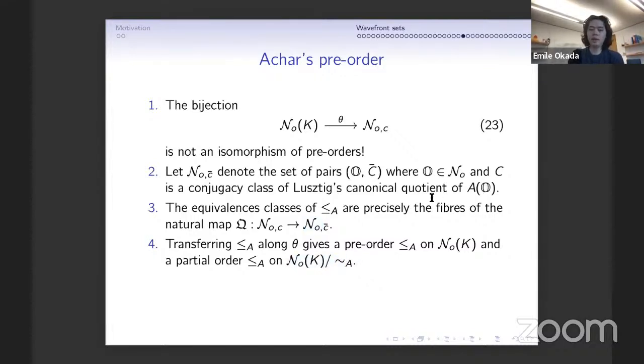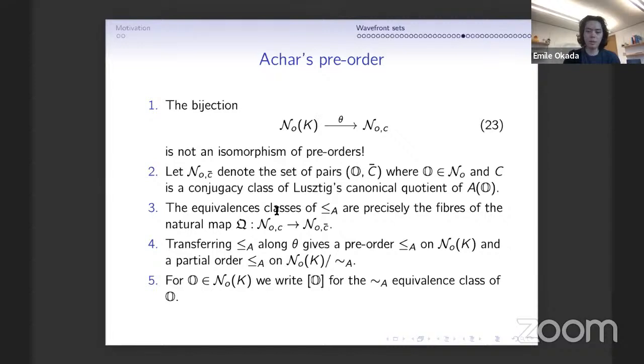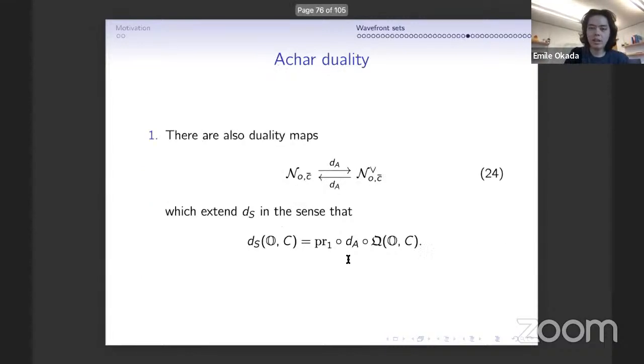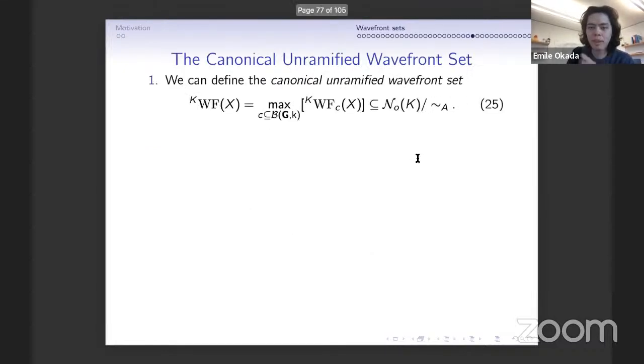And if we use this partial order instead of the natural partial order on the unramified orbits, everything becomes a lot more manageable. So we're going to write square brackets to denote equivalence classes. And there's also the additional benefit that these things come with a duality map known as Achar's duality, which extends Sommers's duality even further. And this will become relevant shortly.